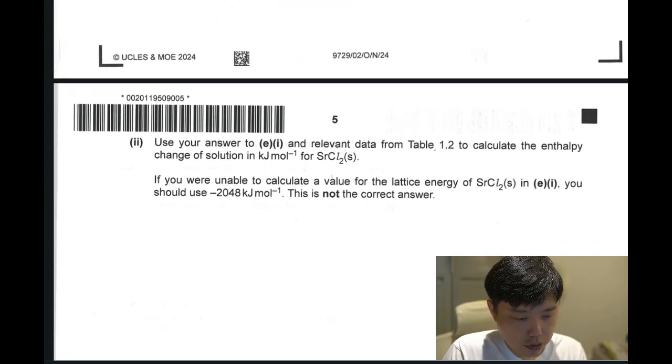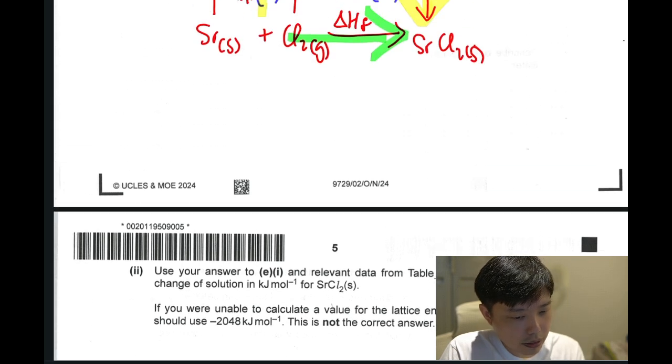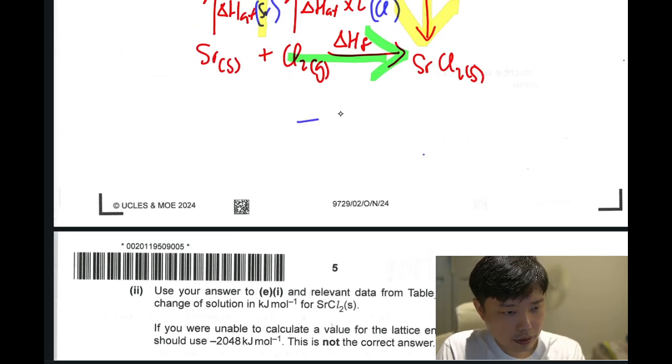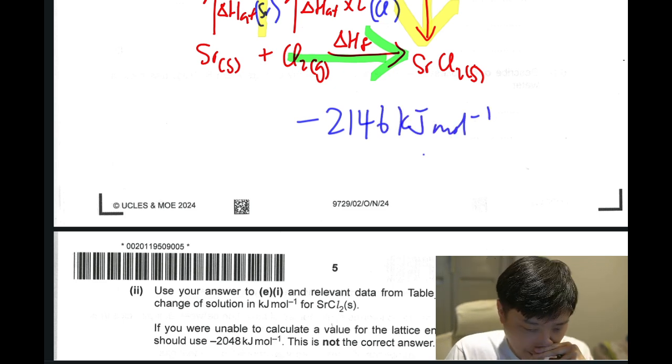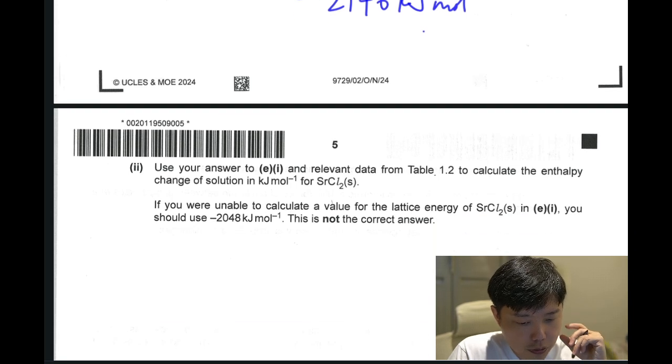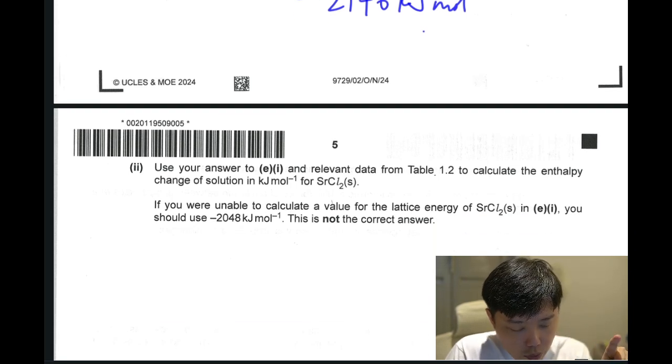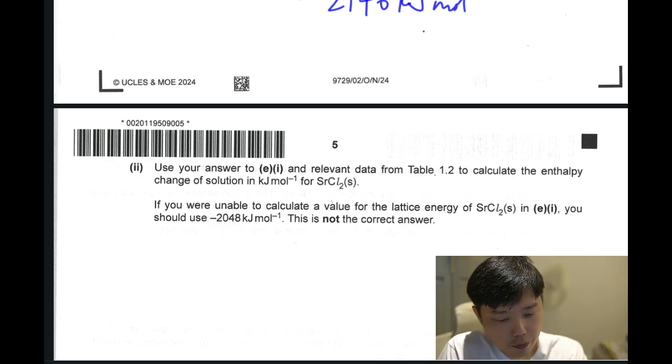Let's move on to E part 2, right? Your answer actually should be negative 2146 kilojoules per mole. Okay, E part 2, using your answer to E part 1, minus 2146, and relevant data, calculate enthalpy change of solution. If you are unable to calculate, they want to give you the error carry forward, so they gave you a dummy value so that you can use it for calculation.